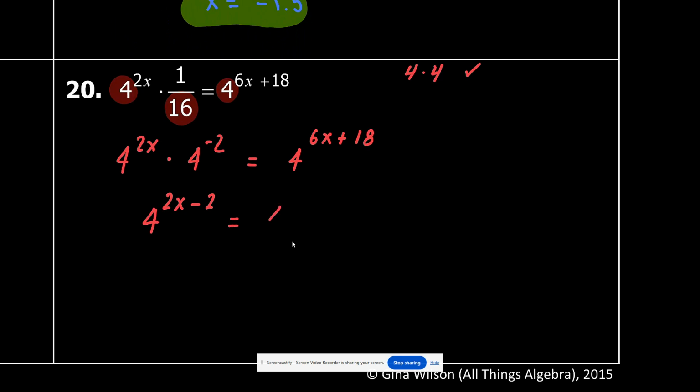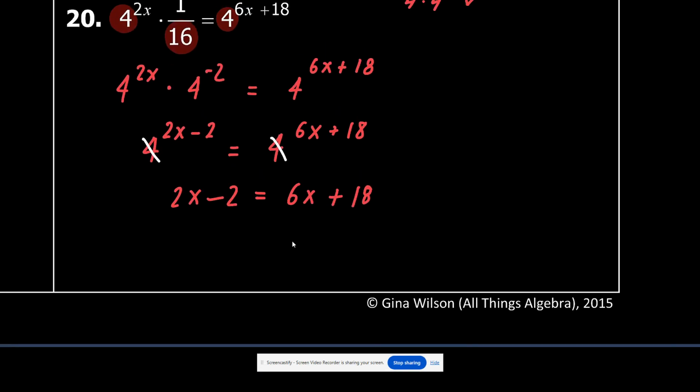Now on the right side, of course, we already have this one simplified. We're going to go ahead and drop our bases and solve. So 2x minus 2 equals 6x plus 18. I'm going to move my smaller variable part, that's minus 2x. I'm going to get negative 2 equals 6x minus 2x is 4x plus 18.